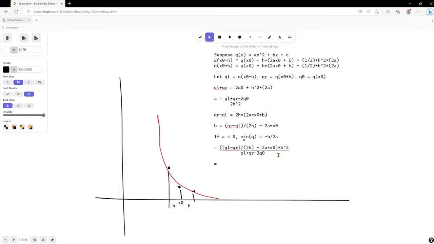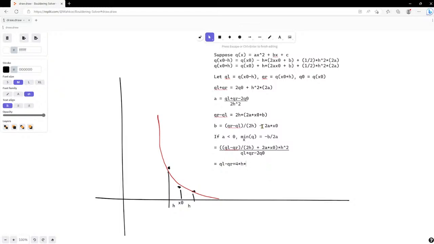And let's see. We can move this 2h into the denominator, is equal to ql minus qr plus 4 times h times a.